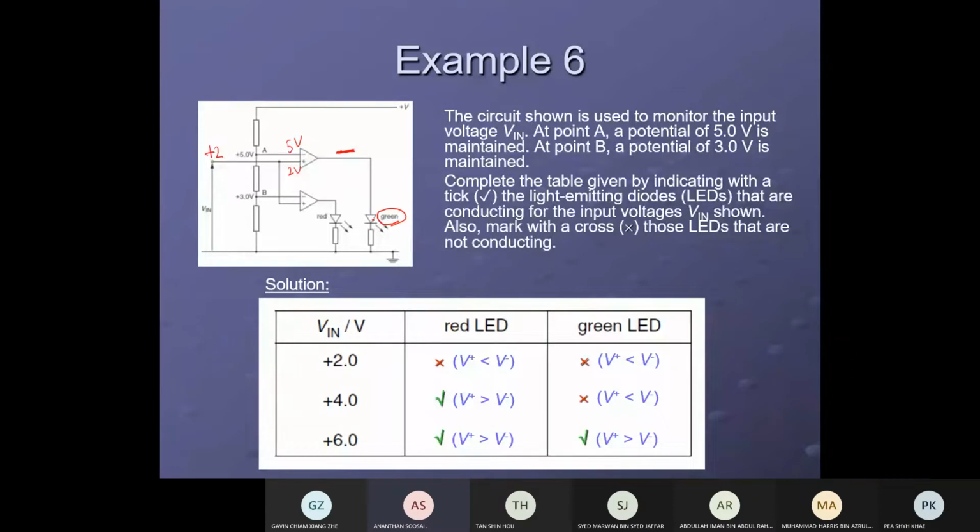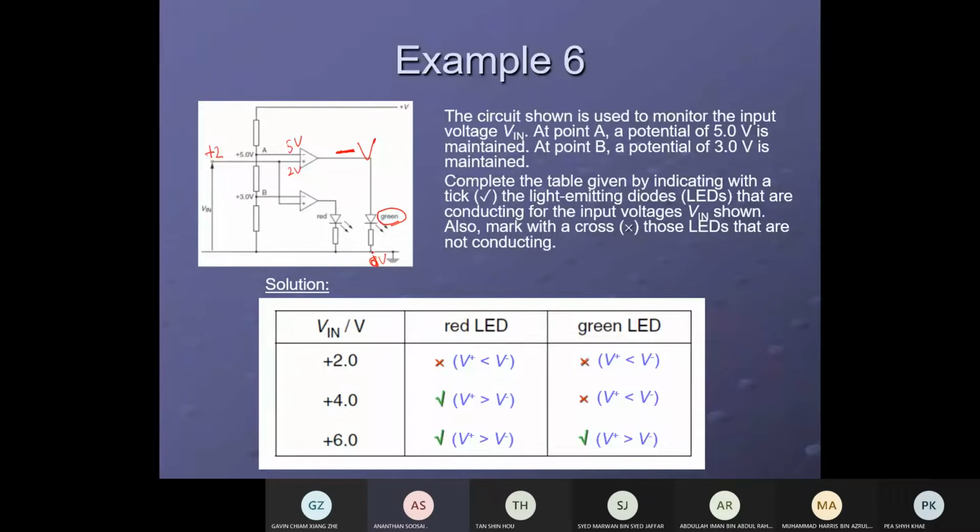The green LED only lights up when current is flowing from high potential to low potential. The output here is negative. Up there is negative volt, and down here earth is 0 volt. Current will flow from high potential to low potential, right?